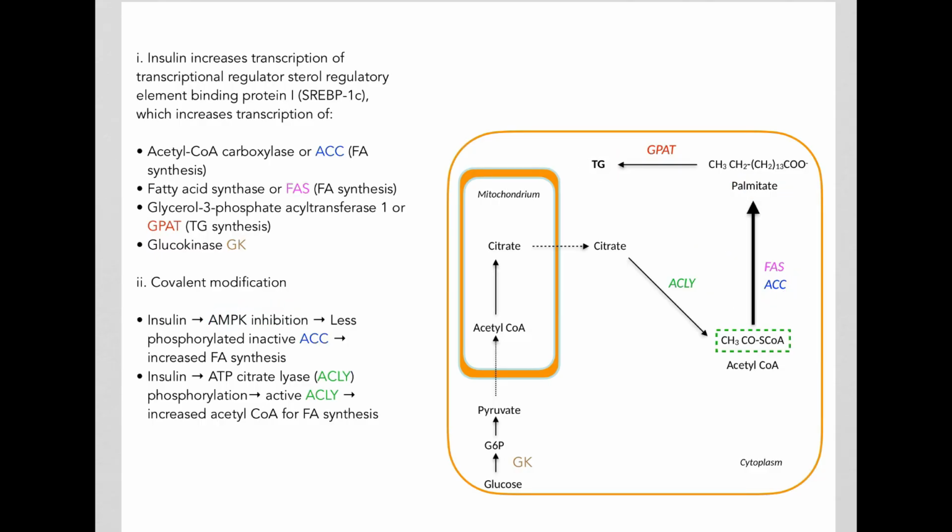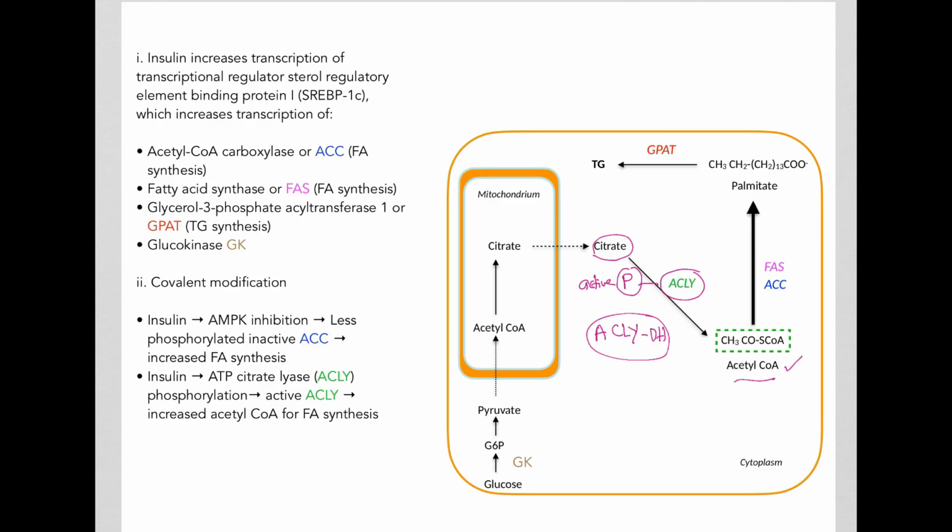Now this enzyme ACLY or ATP citrate lyase, which will break down the citric acid in the cytoplasm to give you the building block for fatty acid synthesis, acetyl-CoA, this enzyme also exists in the phosphorylated form as well as the unphosphorylated form. So the phosphorylated form of this enzyme is the active form.